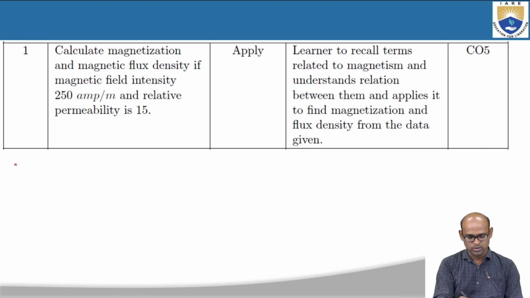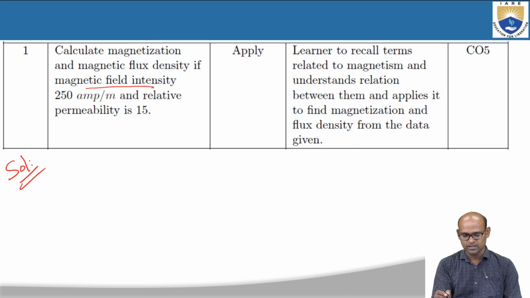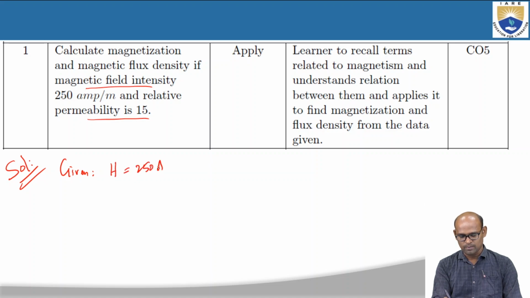Okay, so the solution. They have given us the magnetic field intensity and relative permeability. Given: magnetic field intensity H is 250 amperes per meter and relative permeability mu r is 50.